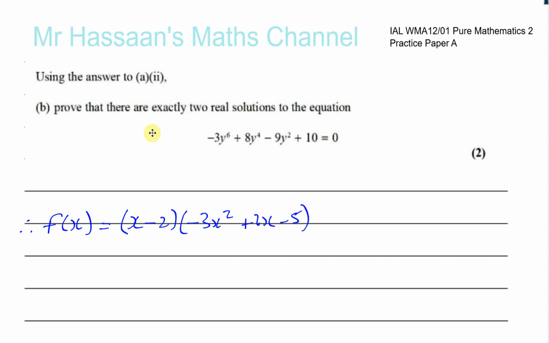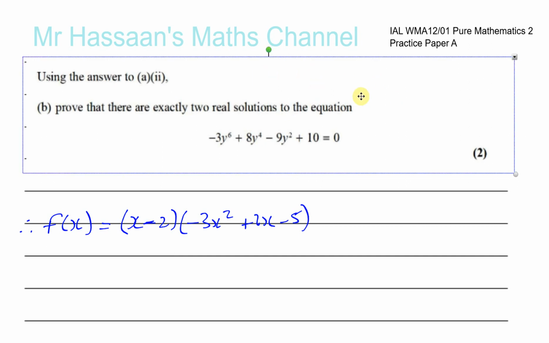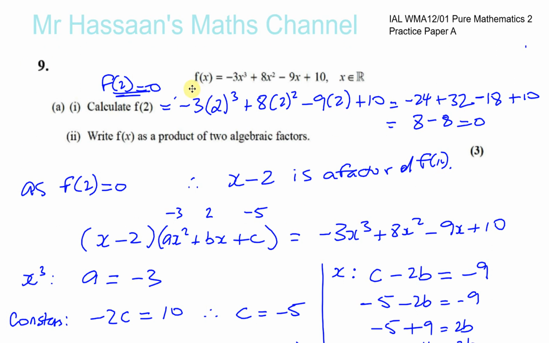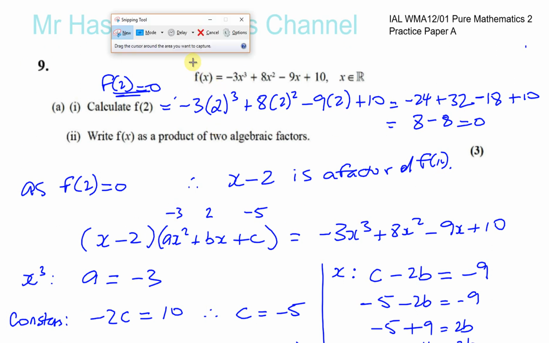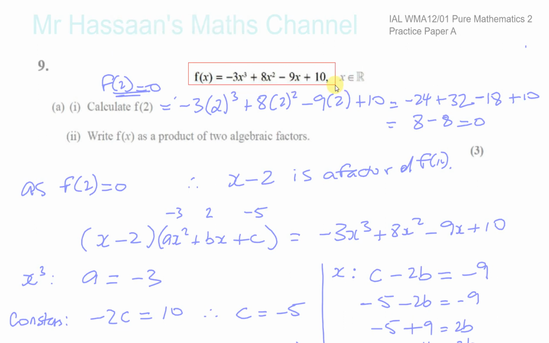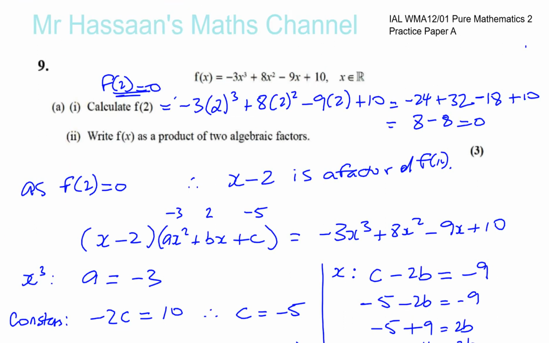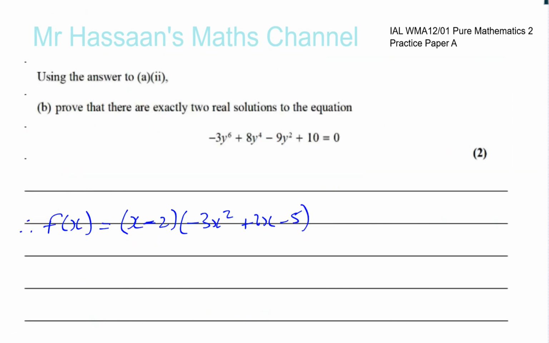Okay, so basically, we can see, if we look at the original equation, let me take it. This is the original equation. I need to know what f of x is to compare it.